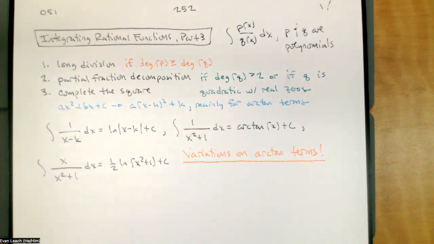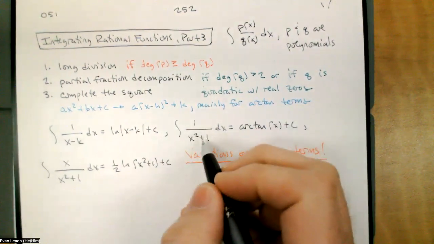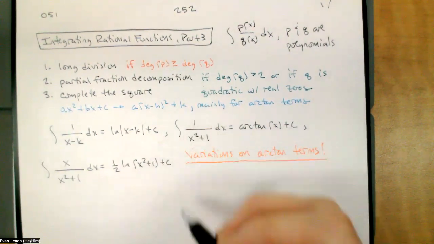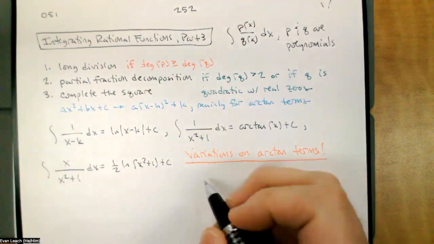So integrating 1 over x squared plus 1, degree 0 over degree 2 with complex zeros, into an arctangent has a few variations. The first variation that we need to deal with is what happens if it doesn't say plus 1. So the first variation is integrating 1 over x squared plus something other than 1.